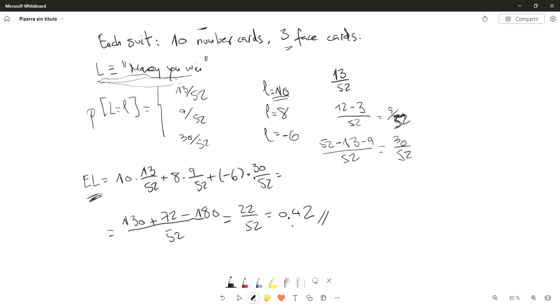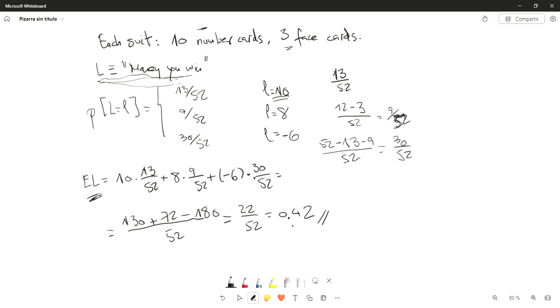Okay? Now, the question in this exercise is, do you want to play? And the answer is yes, you want to play, because the expected value in the long run would be 0.42.